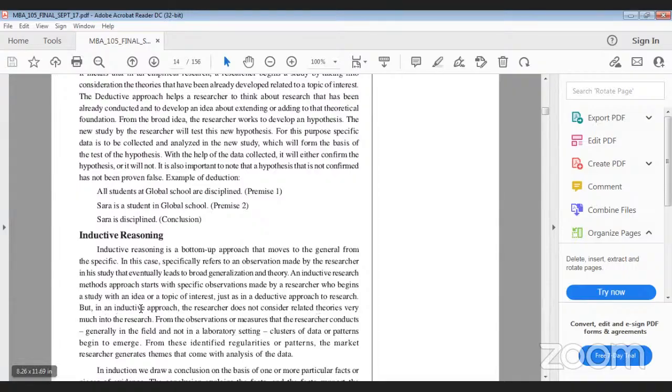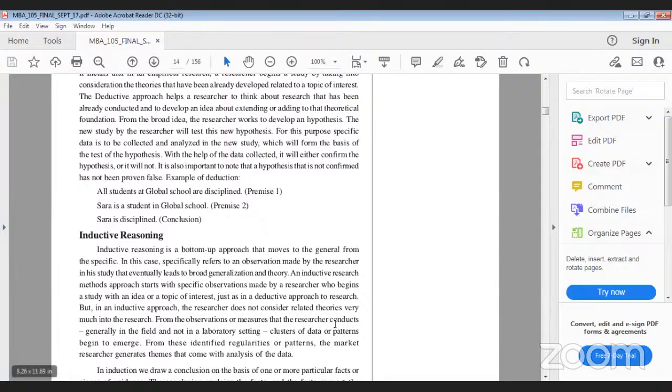But in an inductive approach, the researcher does not consider related theories very much. The research comes from the observations or measures that the researcher conducts, generally in the field and not in a laboratory setting. Clusters of data or patterns begin to emerge from this, identifying regularities or patterns.